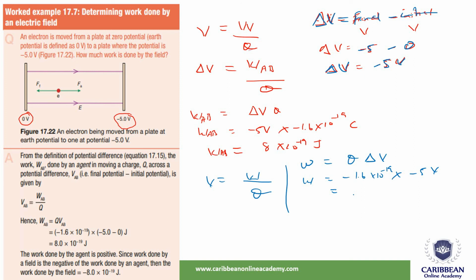All right, either way, we'll just put that in the calculator quickly. Negative 1.6 times 10 to the minus 19 times 5.